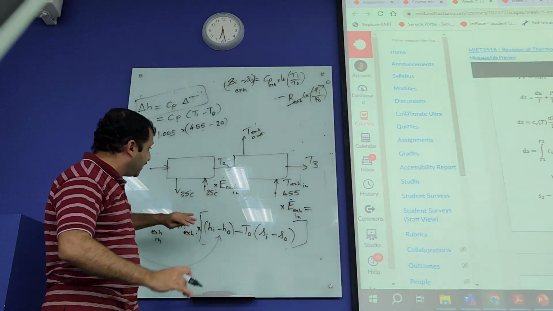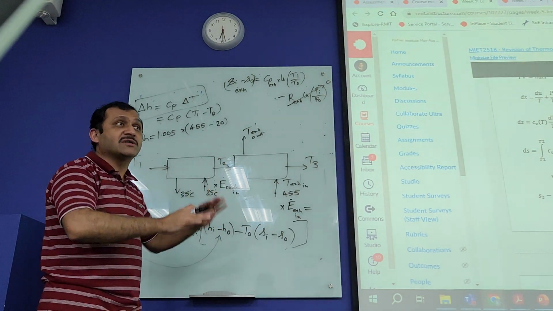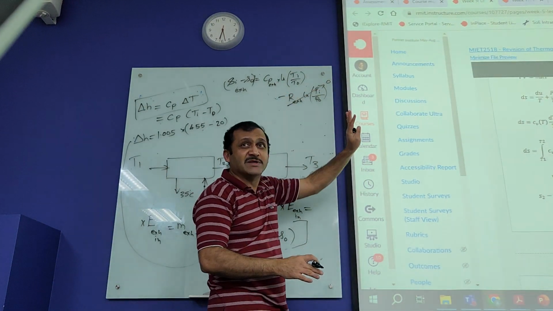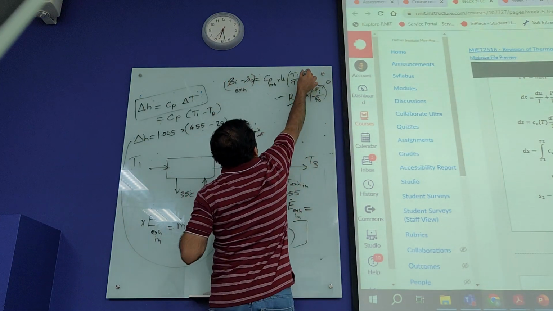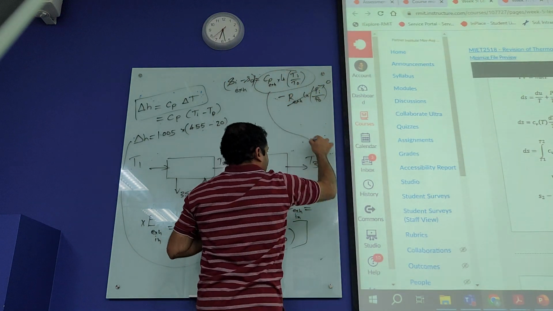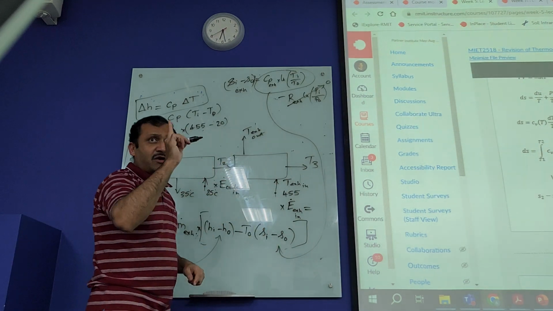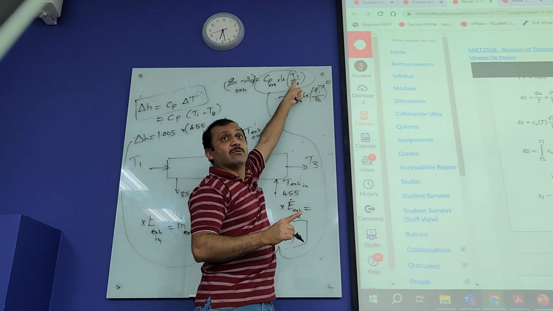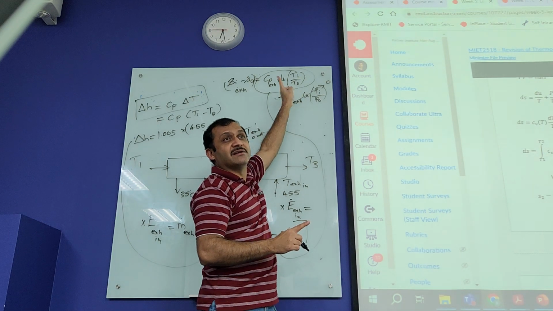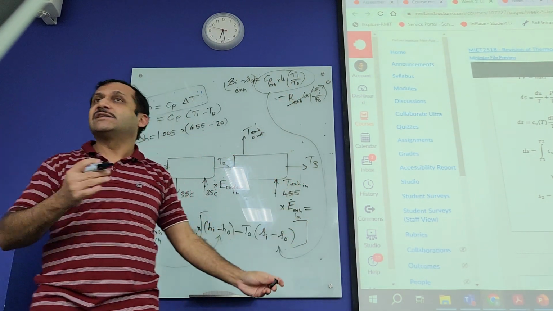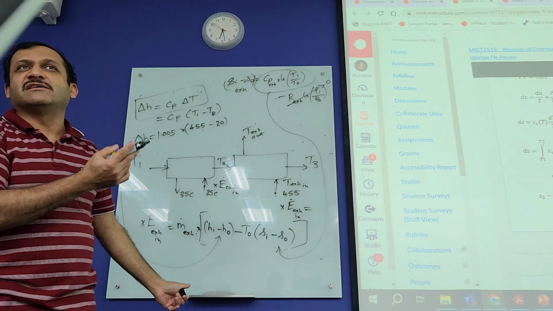For coolant, for water, for exhaust, that term will disappear always. So your change in entropy is nothing but that much. The only thing you have to remember, temperature should be in kelvins. That's the biggest mistake students will make. That's it. That's the entire entropy, exergy.